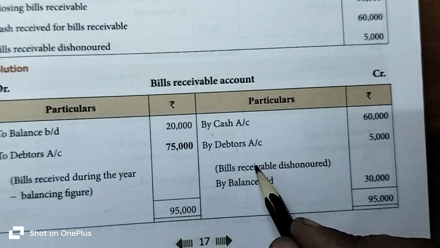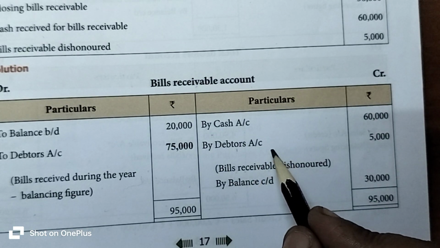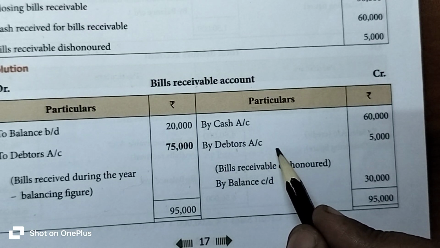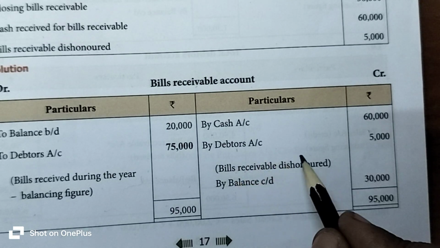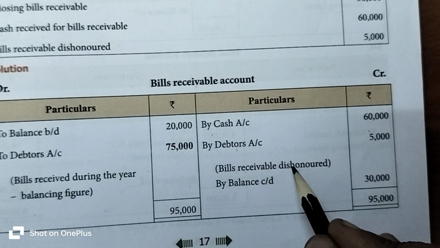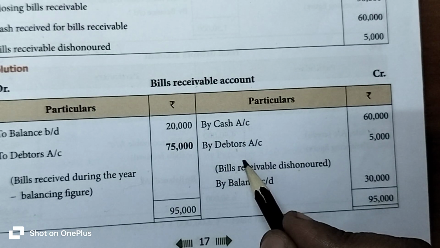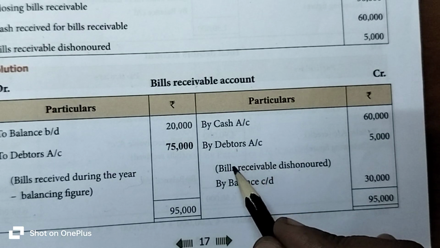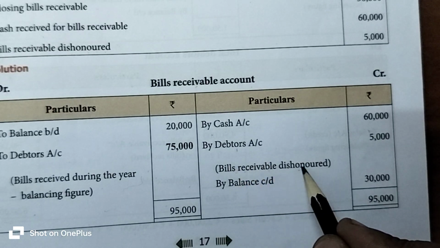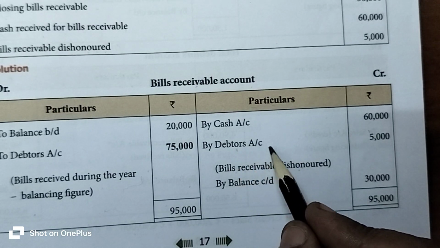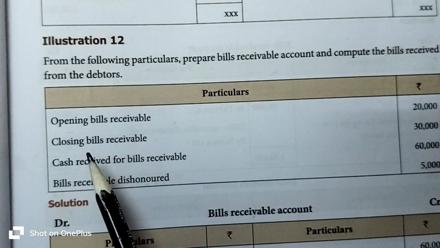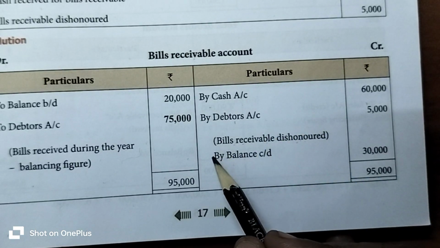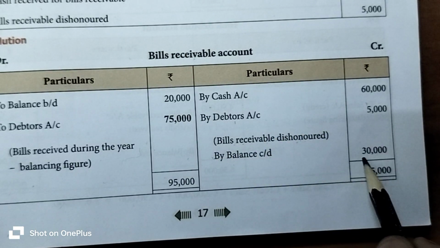So when you deposited that bill into your bank account, it was not cleared, it was dishonored. You didn't get any cash through the bank or from your debtor. So this bills receivable dishonored you write on the credit side. Then finally you write closing bills receivable 30,000, "By balance carried down", 30,000 entered.